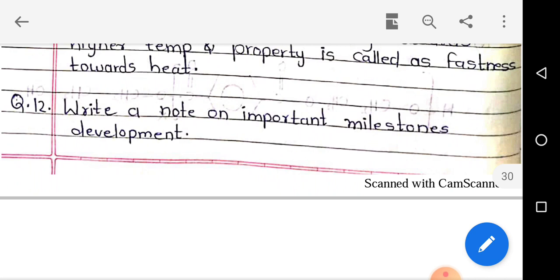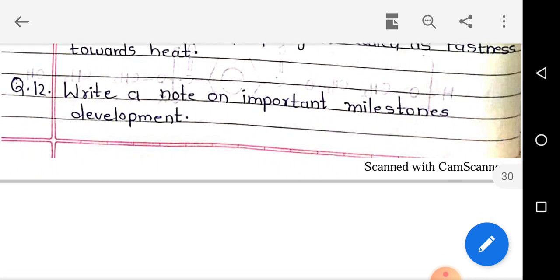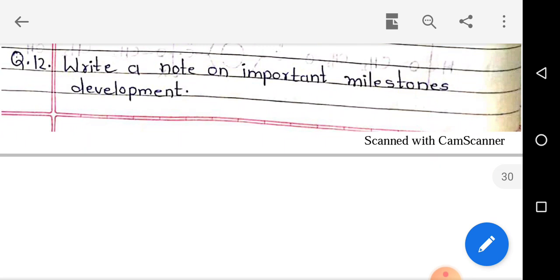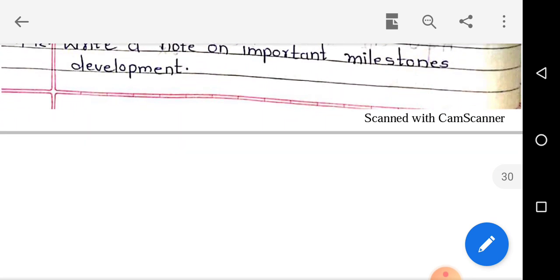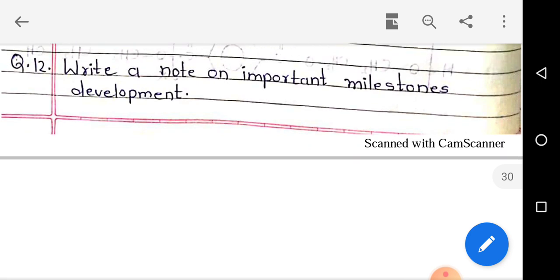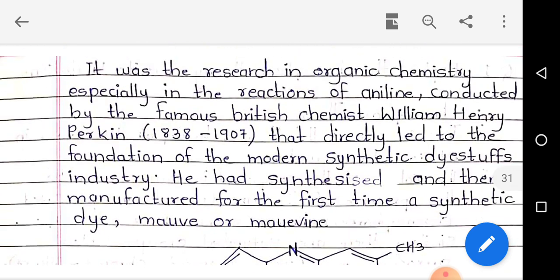Next one is: write a note on the important milestone developments. What developments have been done and what are the milestones, in short, because it is asked for 2 marks. So there are the milestones.